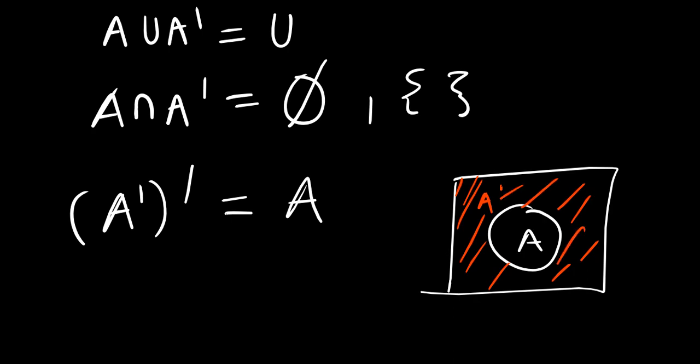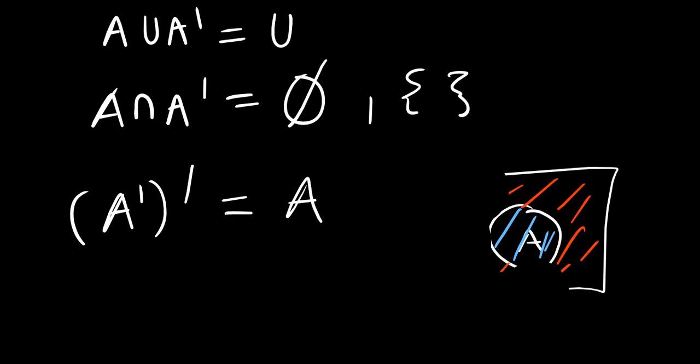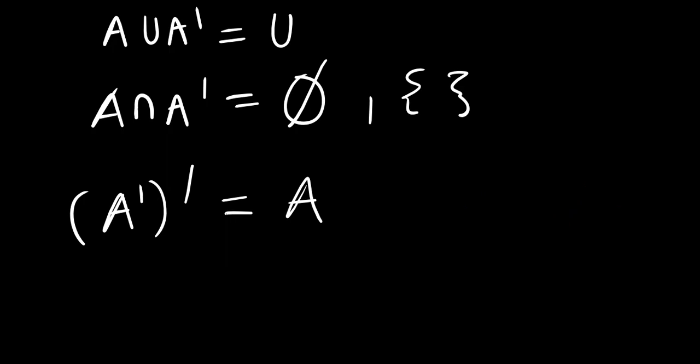This is our A complement, everything that is outside A. But now there is also a complement, meaning a complement of everything that is outside A. It will get back again to A. You are going to realize that what will not be found in A complement, which is the area shaded in red, is just going to be our A in the middle. That's why a complement of a complement will always give you what you started with. In this case, you're just going to get A.